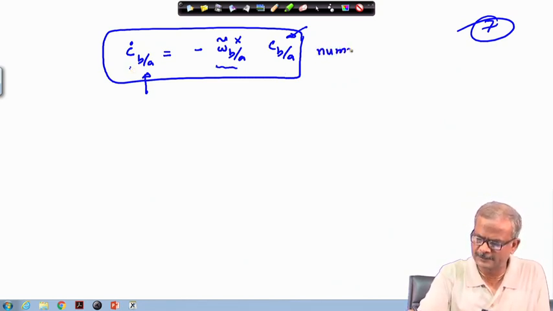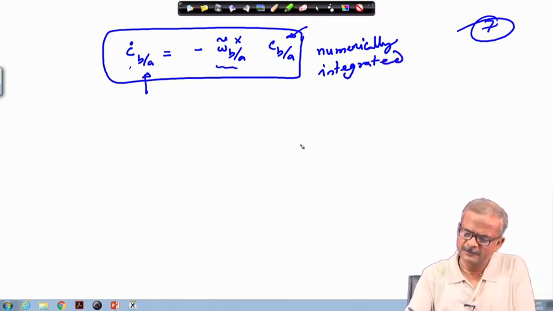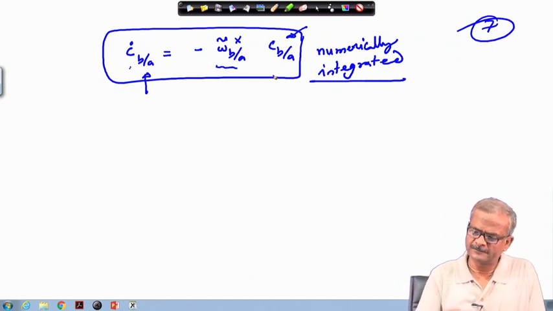So, this needs to be numerically integrated. This cannot be solved analytically; only for a few special cases some analytical solution may exist, otherwise this has to be done numerically.